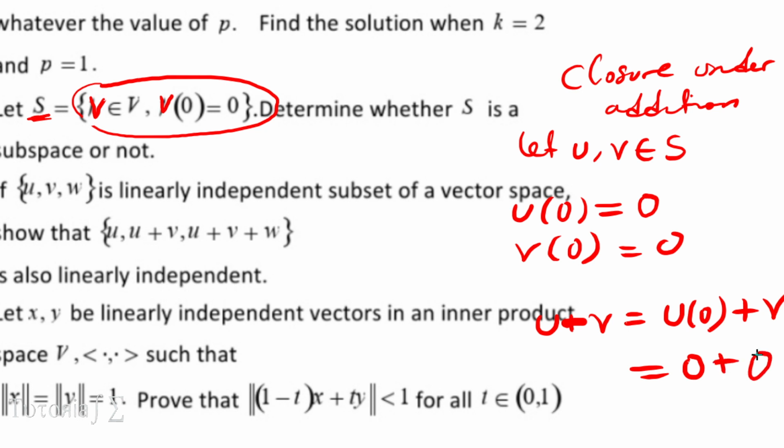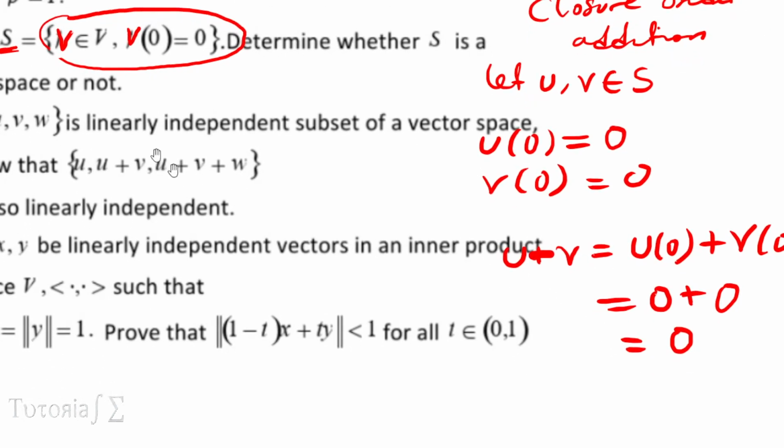It is also 0. So we see that this is giving us 0, which maintains the definition. So U of 0 plus V of 0 maintains the definition, which is equal to 0. So this is an element of S.